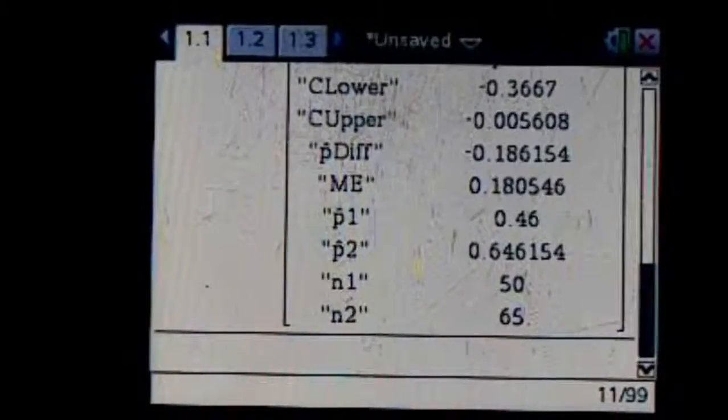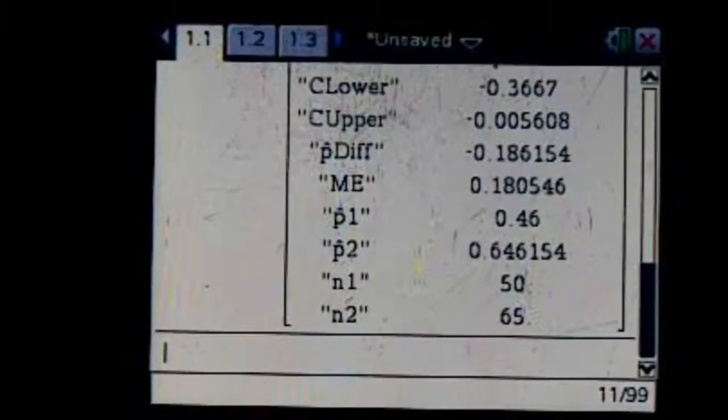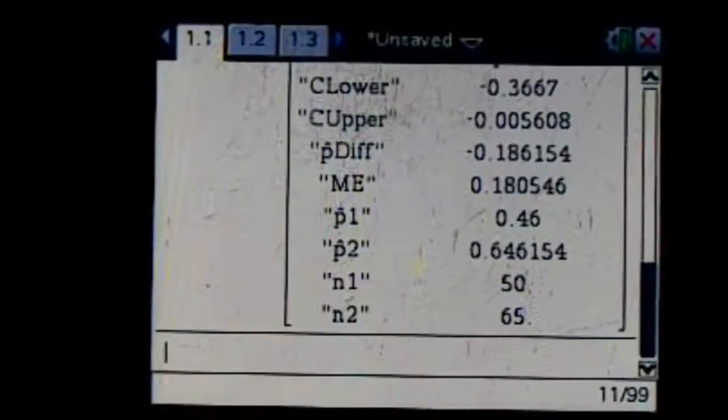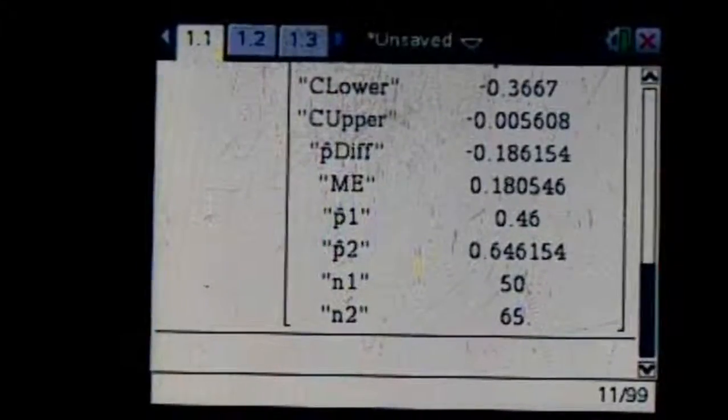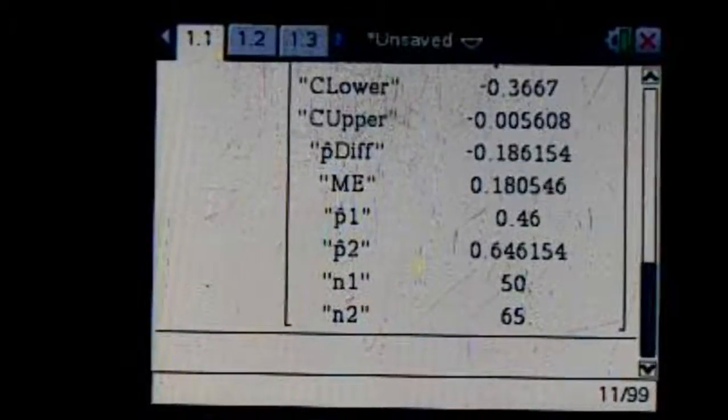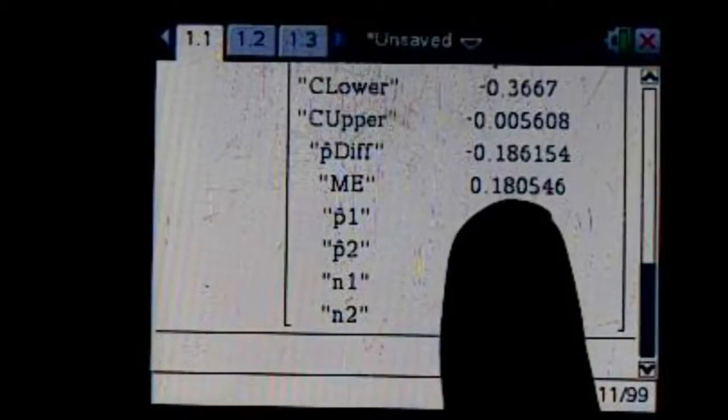You probably shouldn't believe the manager that says that they both like them equally. There's probably about an 18% difference, because that's my p-hat difference.